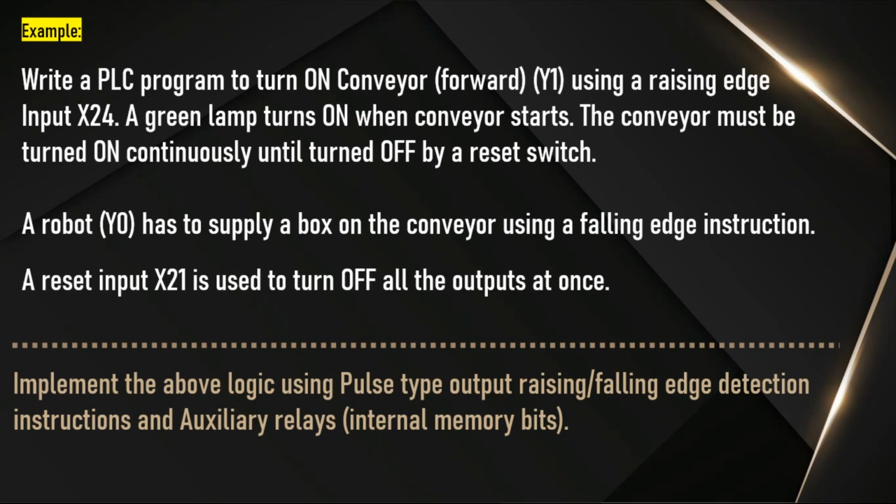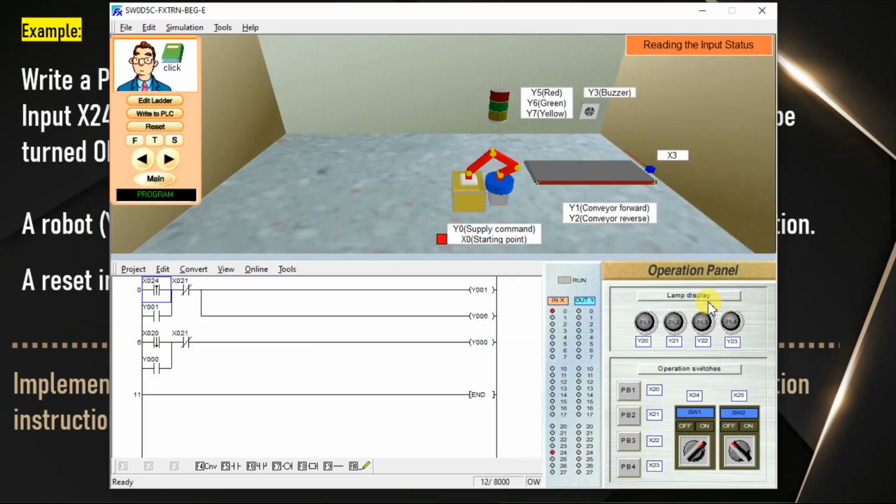Then a pulse type falling edge instruction has to activate a robot to supply a box on the conveyor. A reset input is used to turn off all the outputs at once. This is the logic. This is the program. We have to write a logic for this. So this is the logic.